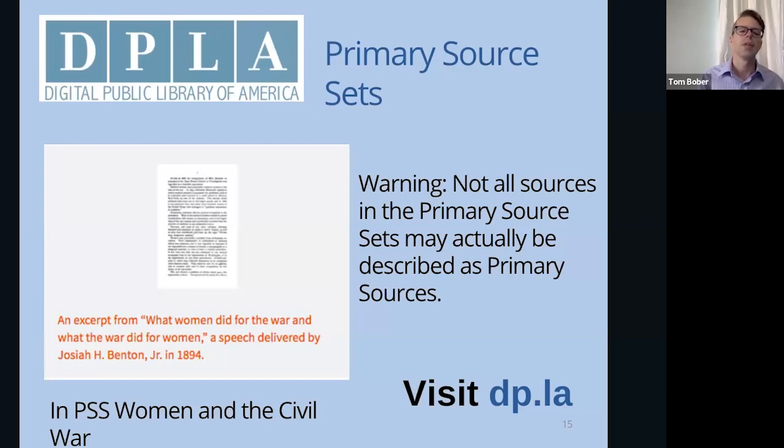And that speech was given in 1894, well after the Civil War. And so more than likely, I would not count that as a primary source, but it is in the primary source set. I can't explain exactly. Essentially, the individual who put that particular set together and I disagree on the definition of a primary source.